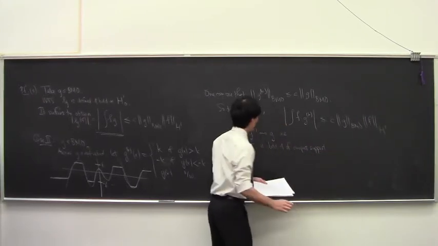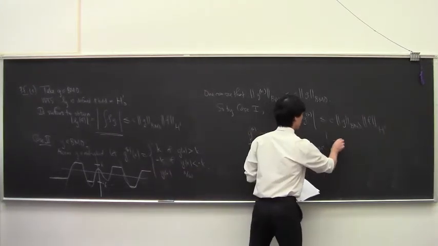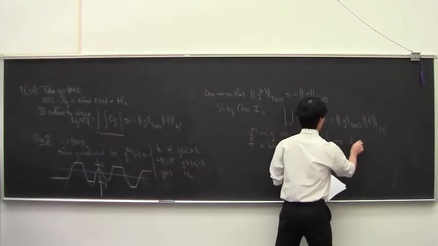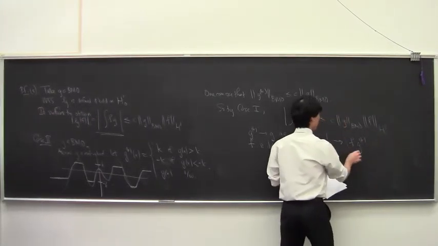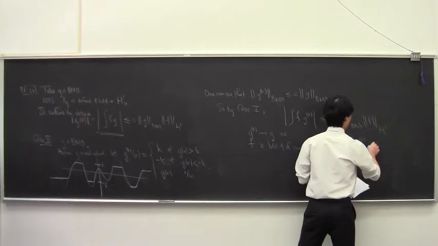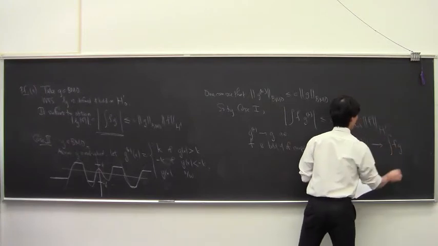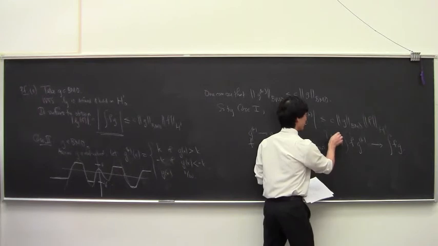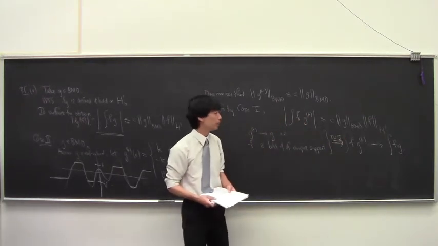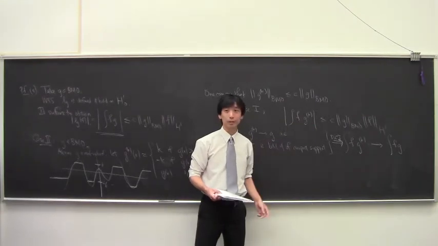So that gives you that the integral of f g k becomes the integral of f g by the dominated convergence theorem. This thing on the left converges to the integral of f g, and then you're done.